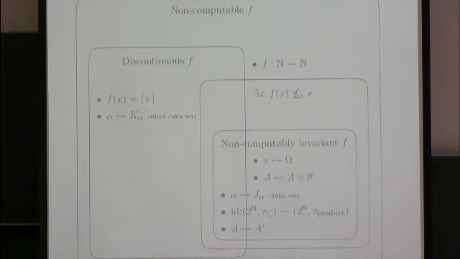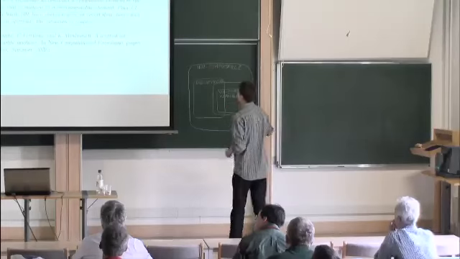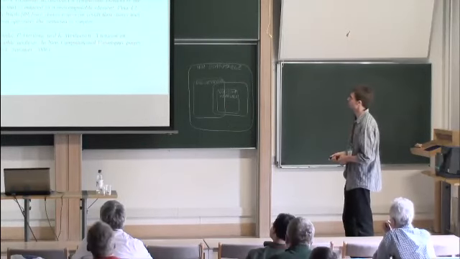We see that there are two kinds of reasons for which a function might fail to be computable. And my question is, can we understand when both occur at the same time? There is a quotation from the tutorial written by Vasco and others that explains exactly what I mean. Functions considered in analysis that are not computable are often not computable simply because they are discontinuous.